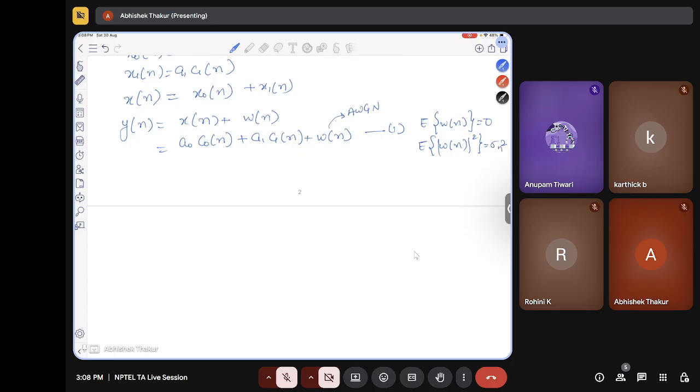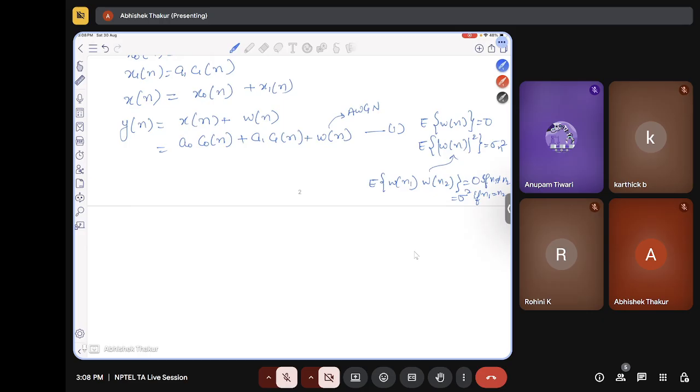Also, the noise samples are independent of each other, so the expectation of W[n1] and W[n2] will be 0 if n1 is not equal to n2, and sigma squared if n1 is equal to n2. From here we can find the noise power.